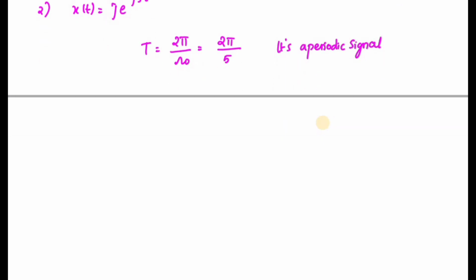So next, let me take the third problem. x of t is equal to 2 cos(10t plus 1) minus sin(4t minus 1).